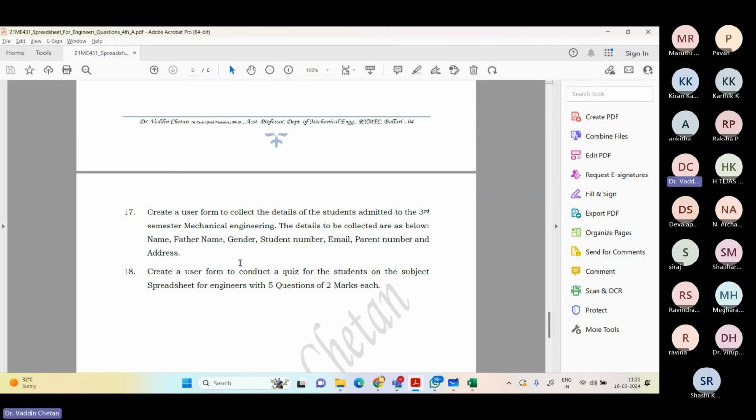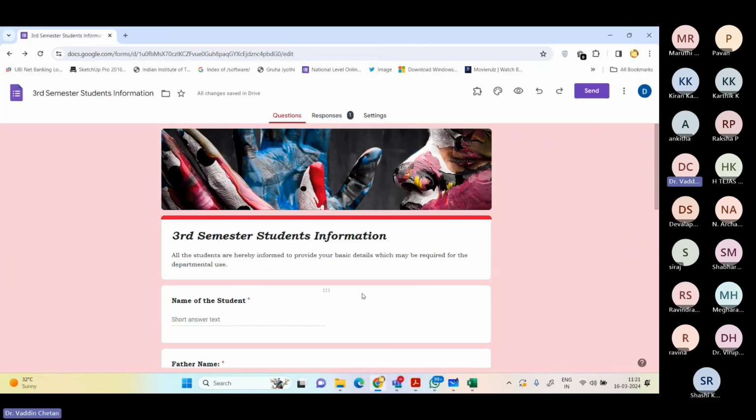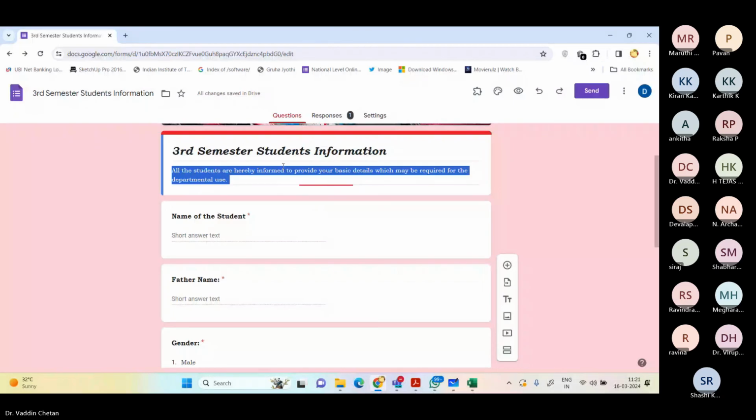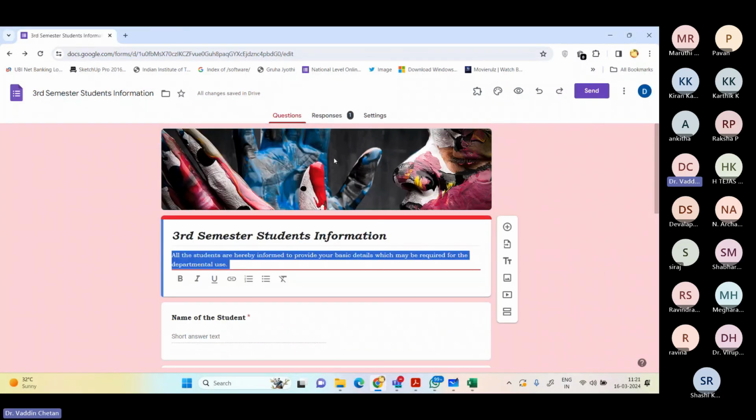Similarly, create a Google form to conduct a quiz. That is the 18th question. To conduct a quiz for the students on the subject Spreadsheet for Engineers with 5 questions of 2 marks each. What I'll do is I will make use of the same thing, right? Because all the same details I need to collect once again.